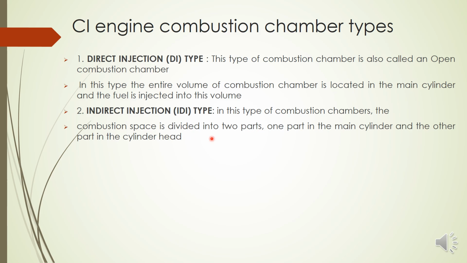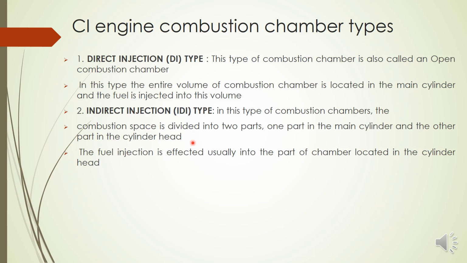So we have a main combustion chamber in the main cylinder, and another additional combustion space in the cylinder head. The fuel injection is usually effected into that combustion chamber which is located in the cylinder head. So fuel injection will be mostly in the cylinder head.